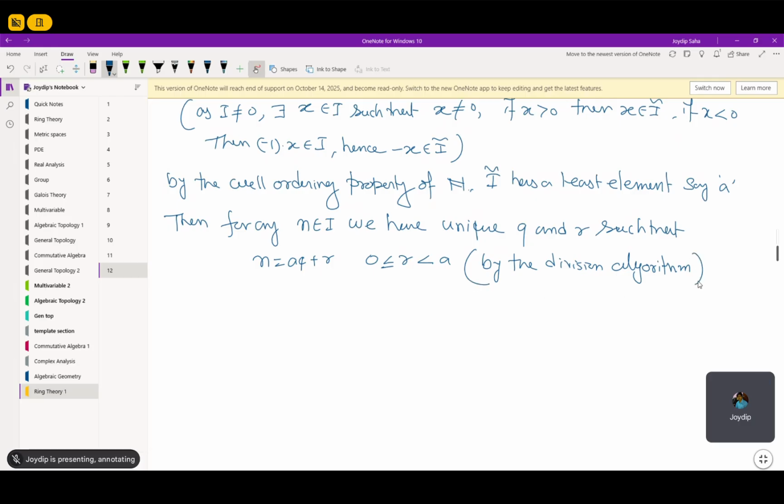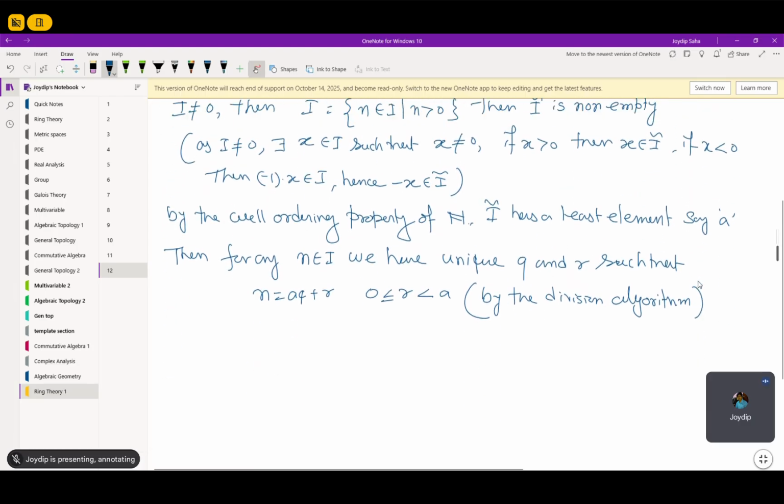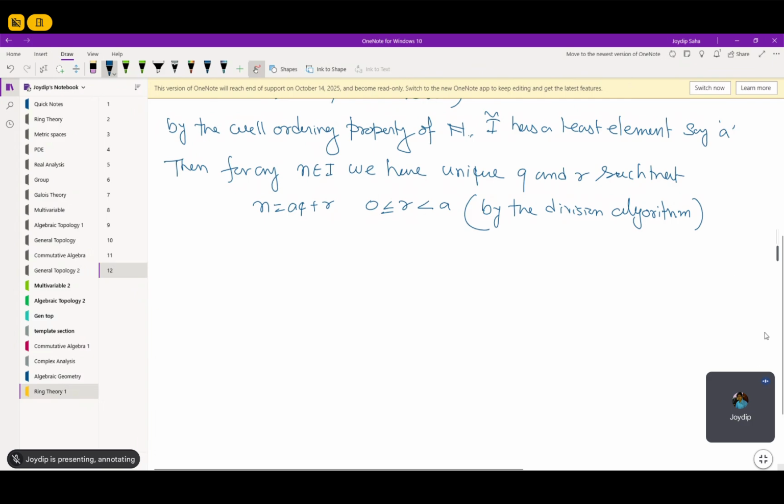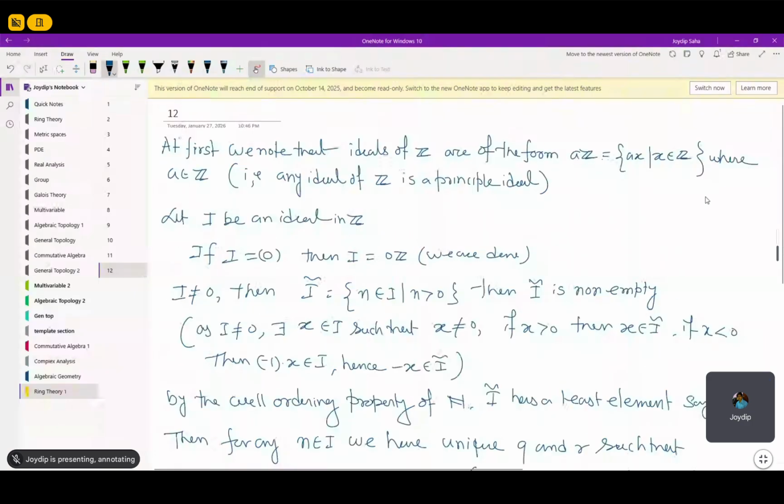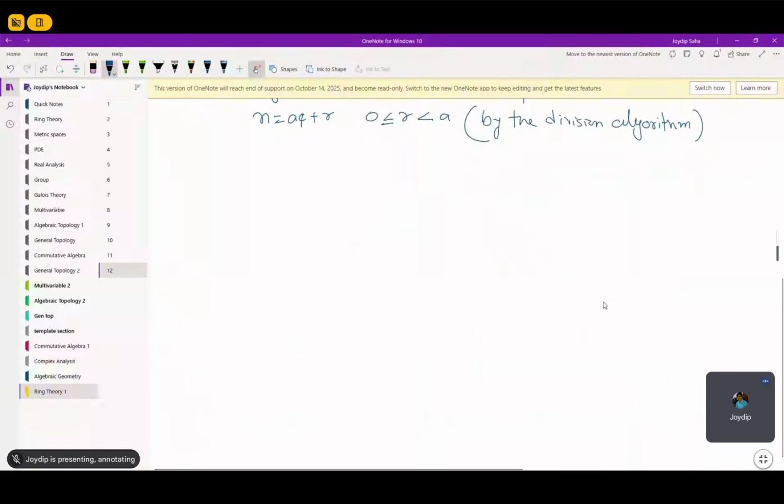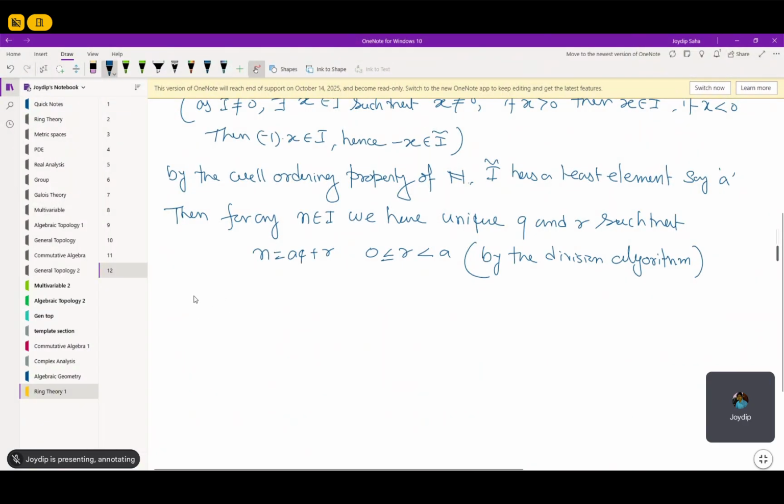So n belongs to I, a belongs to I. This implies n minus a q belongs to I. This implies r belongs to I. If r is not equal to 0, then 0 less than r less than a.